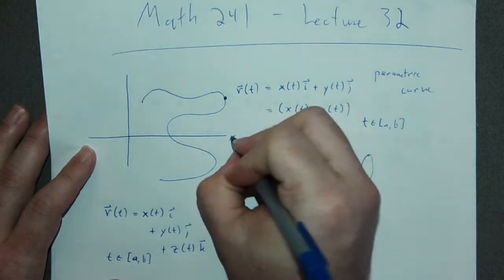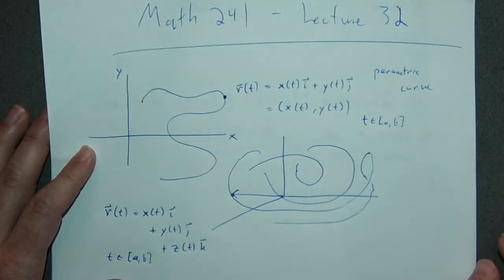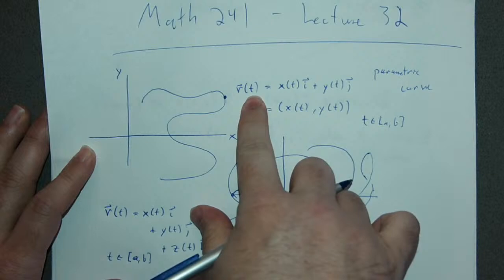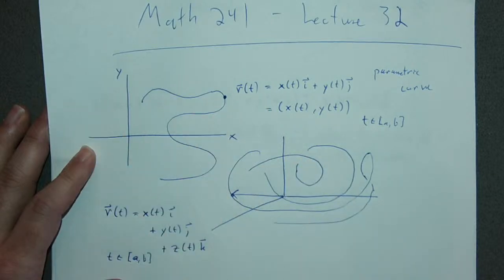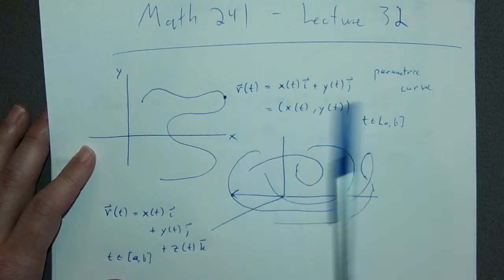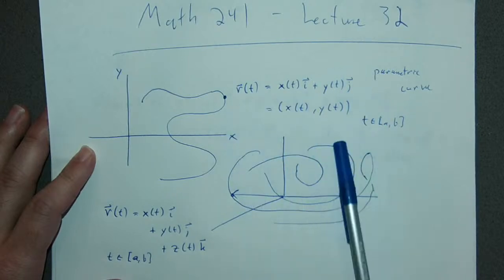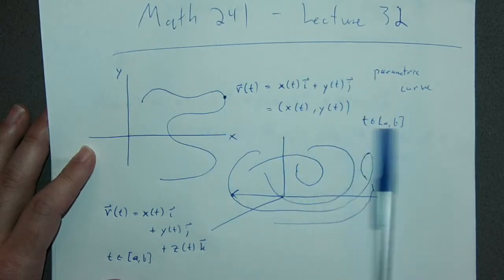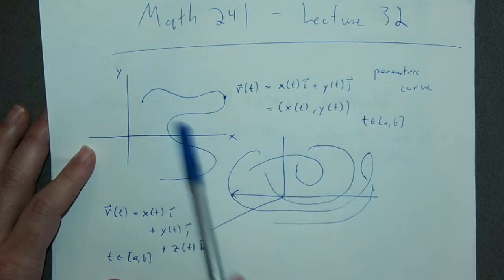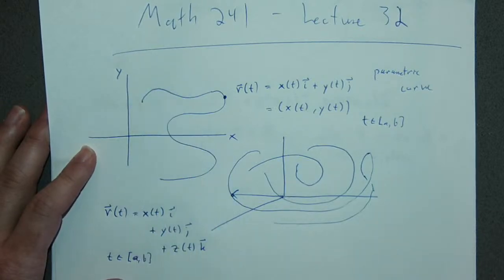So this is the x-axis, this is the y-axis, but where's t? Well, there is no t-axis, right? That's actually kind of the point, that this parameter t lives in some interval that we don't actually physically see here in the drawing.